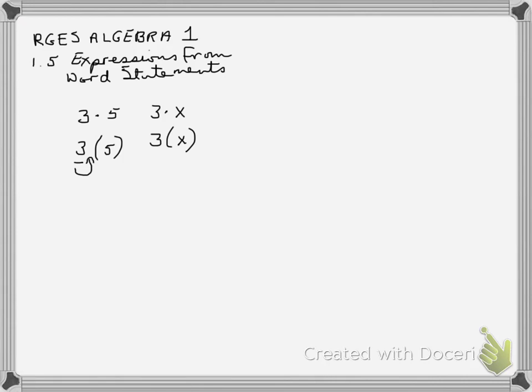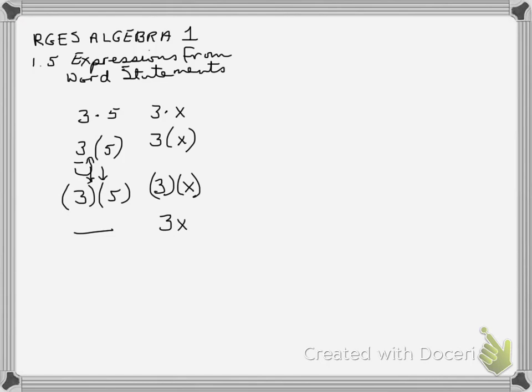I could put both in parentheses, and when I have a parenthesis sign lined up right next to a parenthesis sign with nothing in between, that means multiply also. So that's 3 times 5. This would be 3 times x for the same reason. And there is one more way I can do it over here, not here, but over here I could just put the constant right next to the variable.